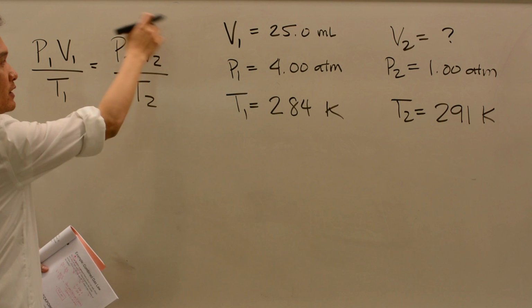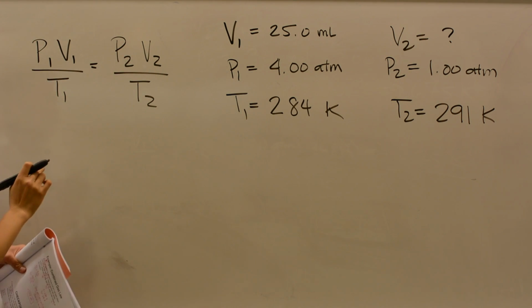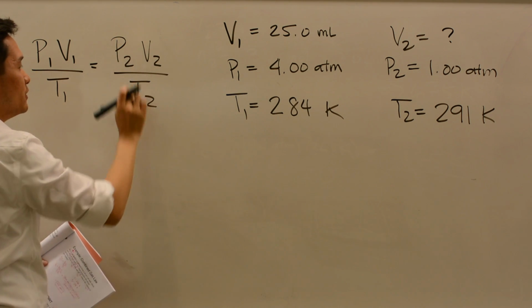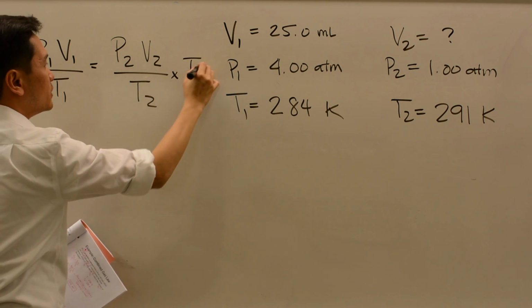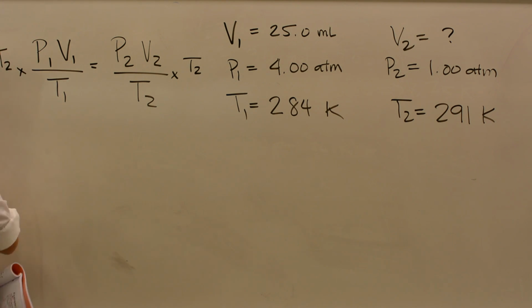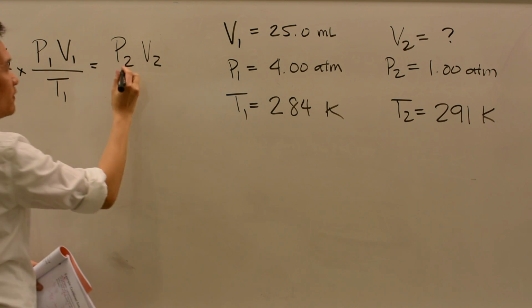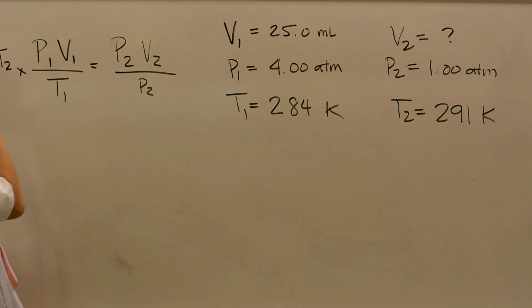All right, so where is V2 in here? It's right here. So we need to isolate this equation in order to get V2, right? First off, if we want V2 by itself, we have to get rid of P2 and T2. I like to get rid of the bottom guy first, so I multiply both sides by T2. If I do that, T2 goes away. Then I divide both sides by P2 to get rid of P2. Dividing this side by P2 is multiplying it by 1 over P2.